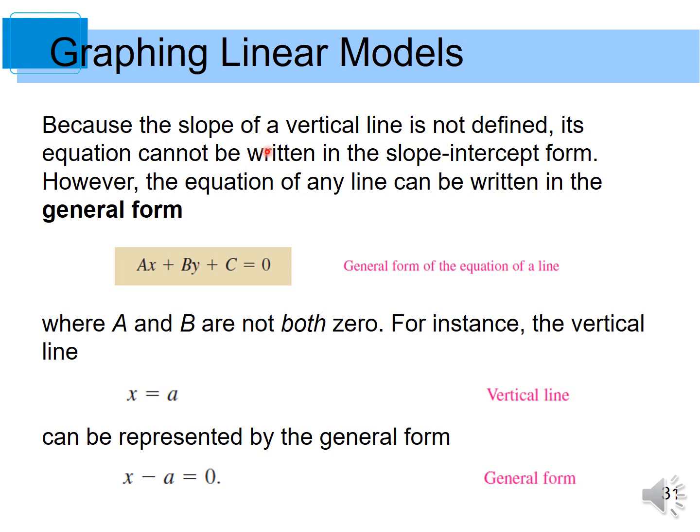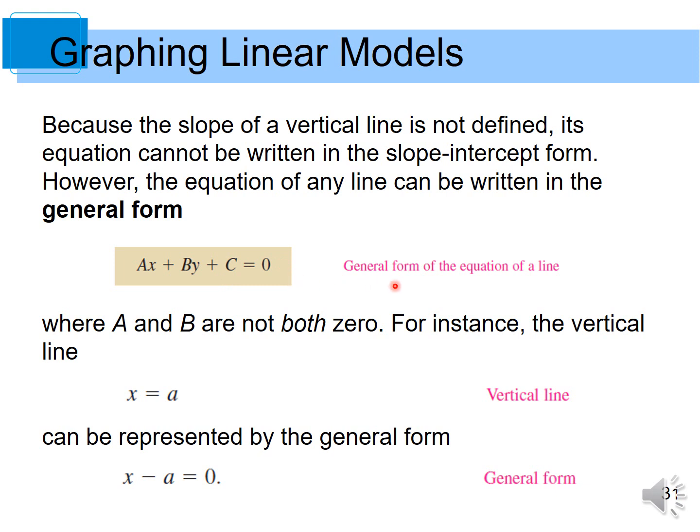Because the slope of a vertical line is not defined, its equation cannot be written in the slope-intercept form. However, the equation of any line can be written in the general form. This is the general form, where you move all the variables and the constant to the left side and your right side is nothing.